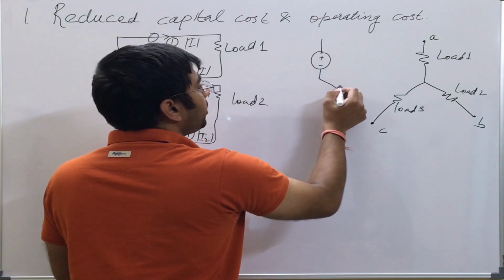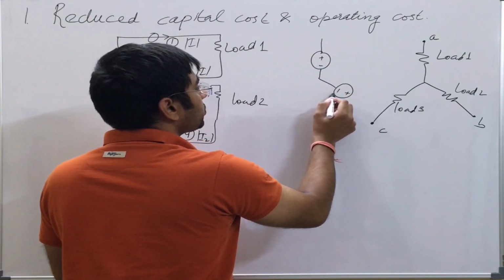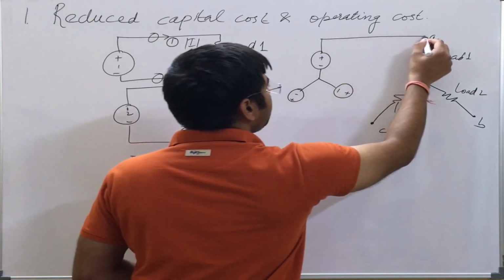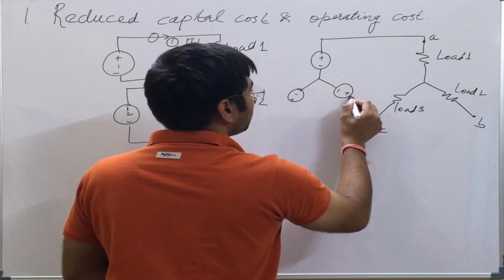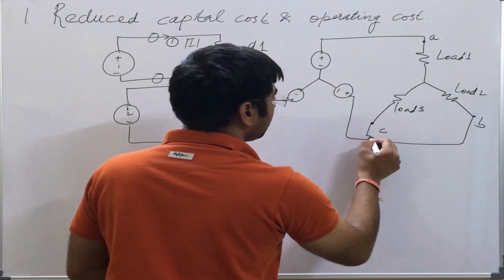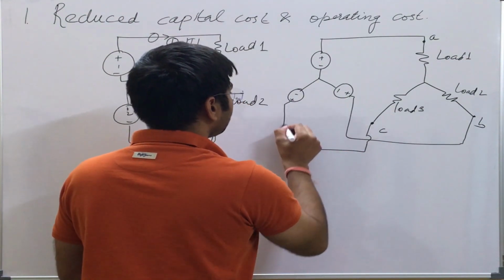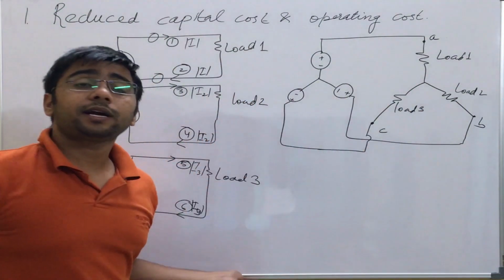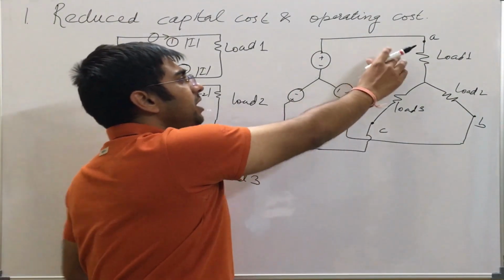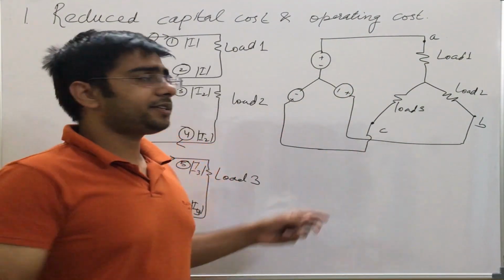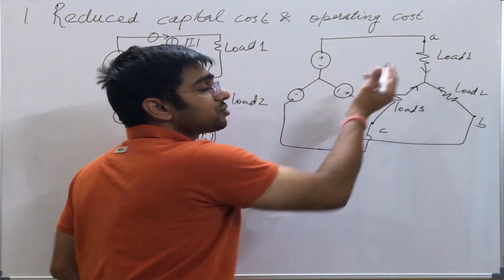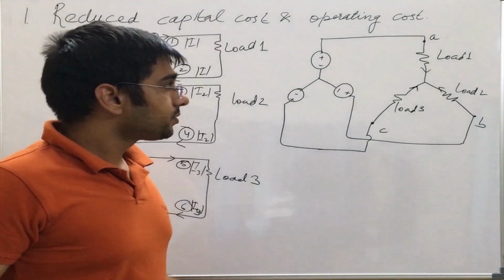Let us say it is source 1, source 2, and source 3. Even if I don't connect these two neutral points, there will be no neutral current. Due to KCL, the sum of these three line currents has to be 0 because there is no other path for the current to flow.